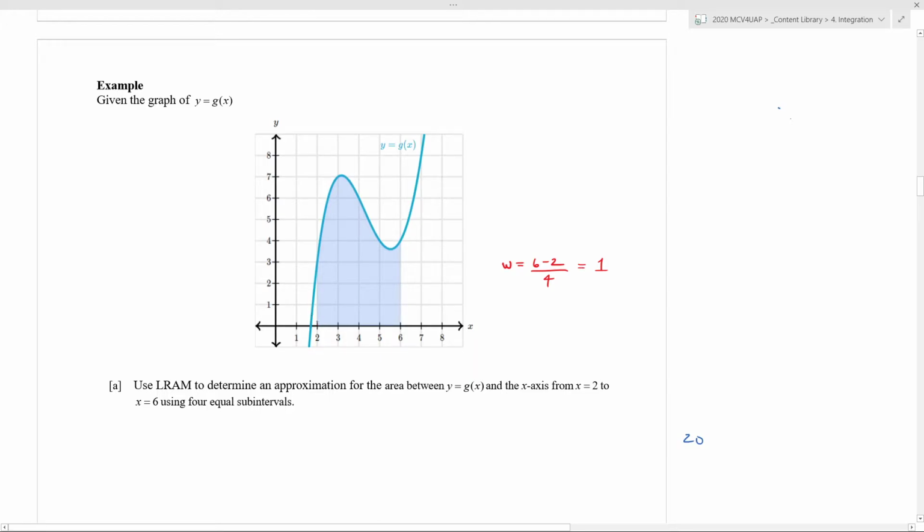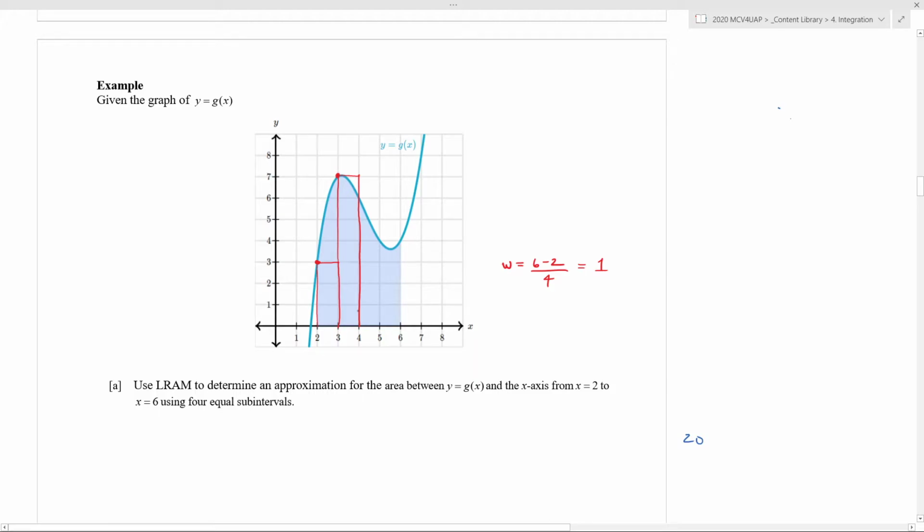And so starting here, because I'm using LRAM, there's my first rectangle. Then I go and draw my next rectangle. I extend it up to the graph on the left-hand side. That forms the height right there. And remember, we're drawing rectangles, so it'll come down like that.